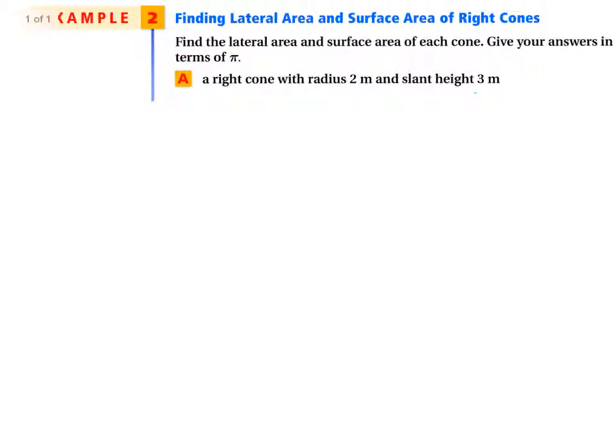All right, example 2. Find the lateral area and surface area of the cone. So here we go. We have a right cone with radius 2, slant height 3 meters. Pretty easy. Start with the lateral area. Pi r times the slant height. Well, that's easy. If we leave our answer in terms of pi, r is 2, L is 3, it's 6 pi square meters.